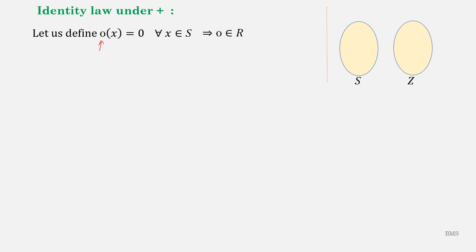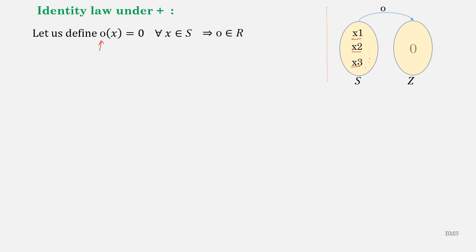Here you take S and Z. Like we have defined f, g, we are going to define some other function O. This O is defined such that you take any elements of S. You can take x1, x2, x3 and many elements.